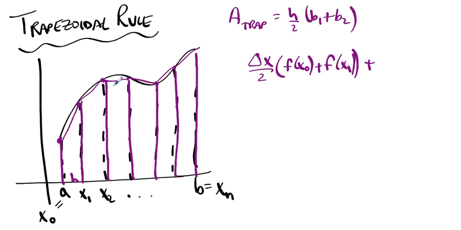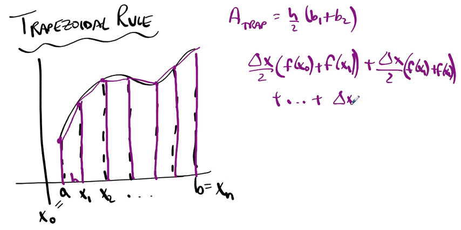And then the second trapezoid has a height that's whatever this delta x is, and then these bases are f of x1 and f of x2. And we could keep going until the last one, the height is delta x, and then you have f of xn minus 1 and f of xn.